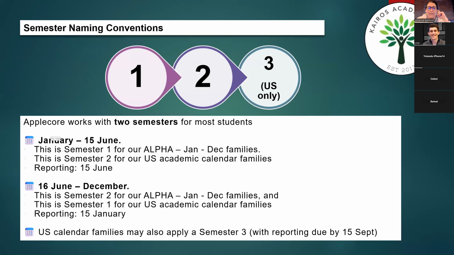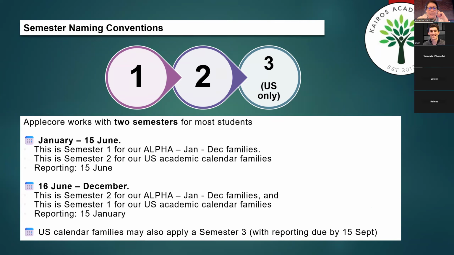So for instance, for the Alpha students, we are now in semester 1, and you will be reporting on semester 1. For those on the US calendar, of course, you already did semester 1 last year. This is now 2. And similarly for the second part of this year, our Alpha students, that will be your second semester for the 2026 academic year.